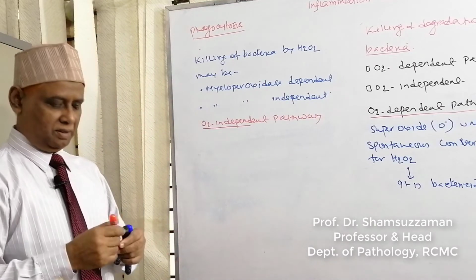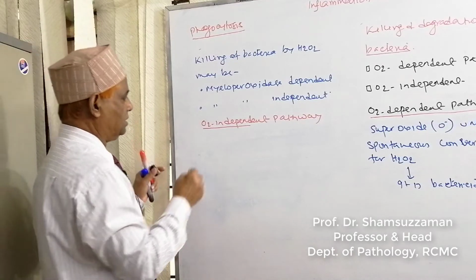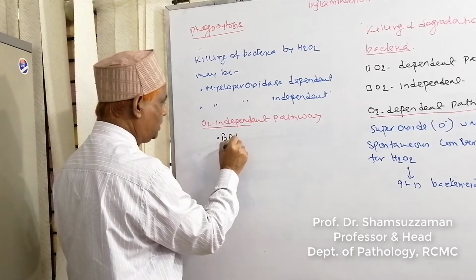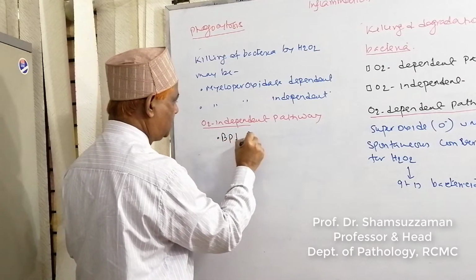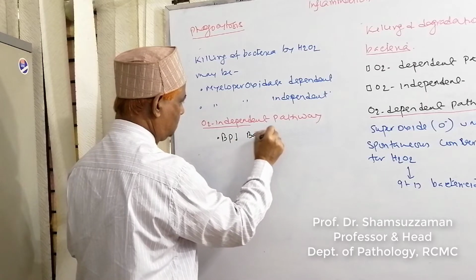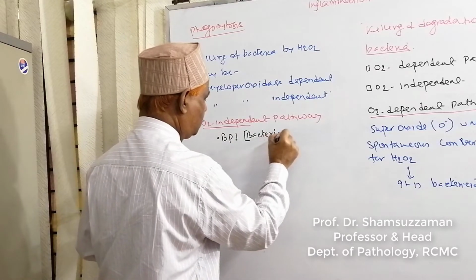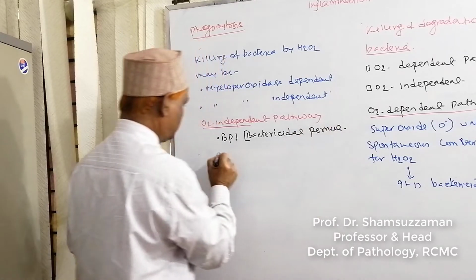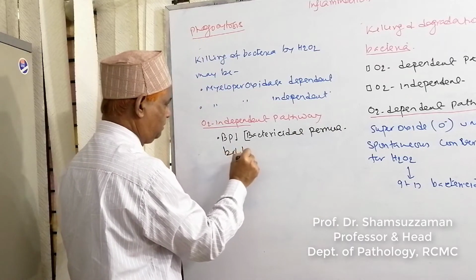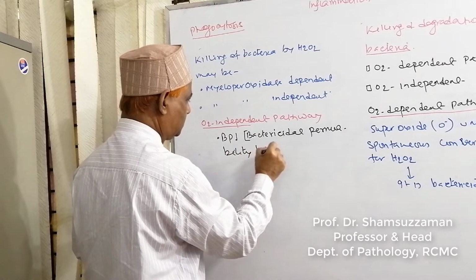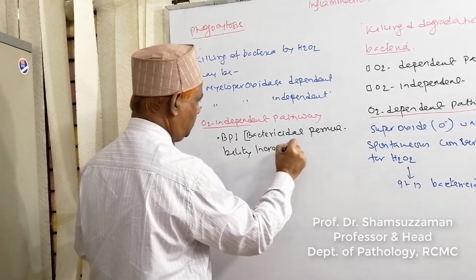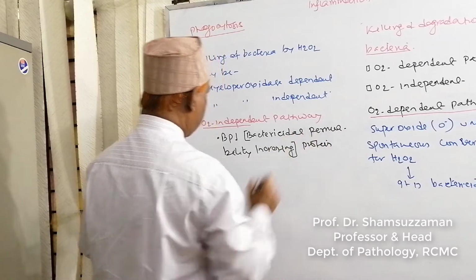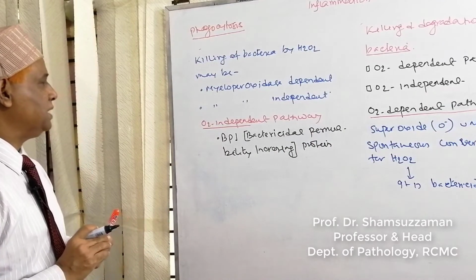How is it carried out? It is carried out by two things. One is the BPI protein, bactericidal permeability increasing protein.